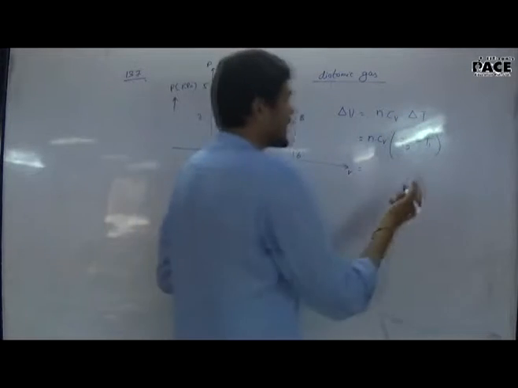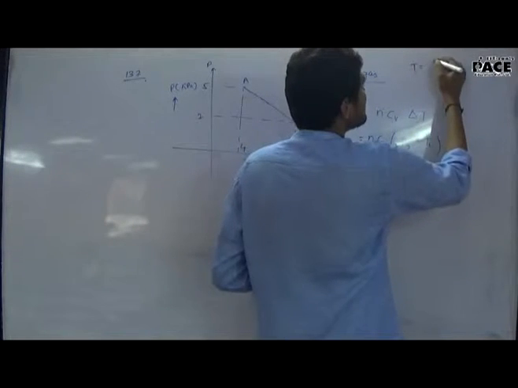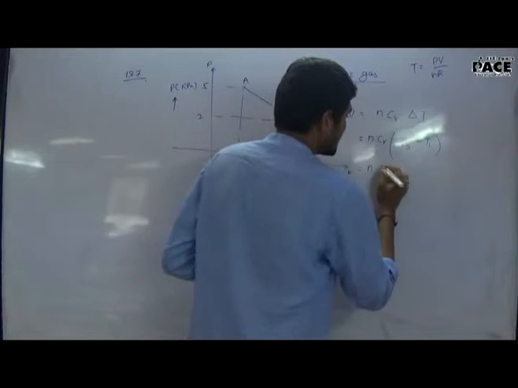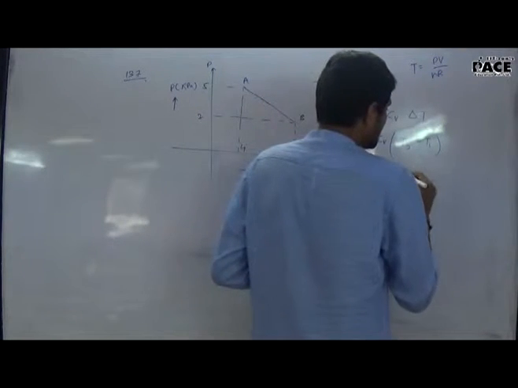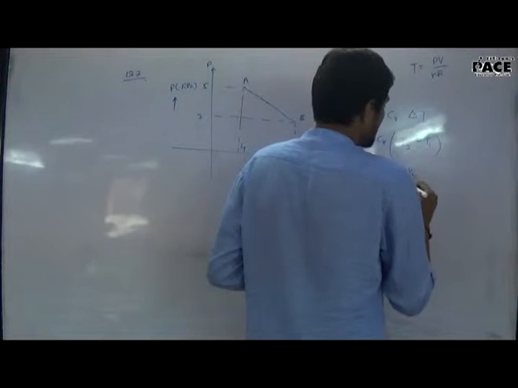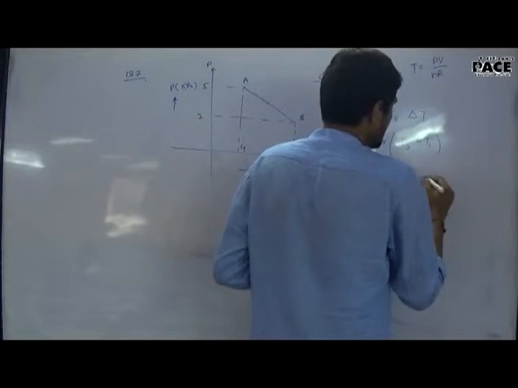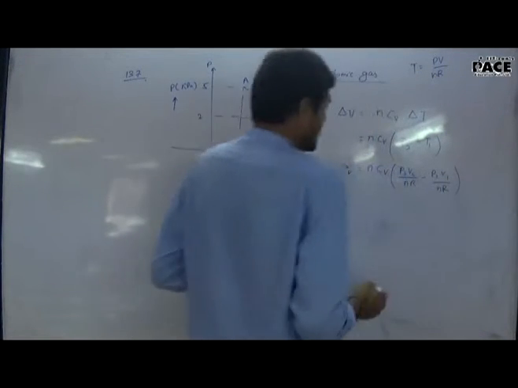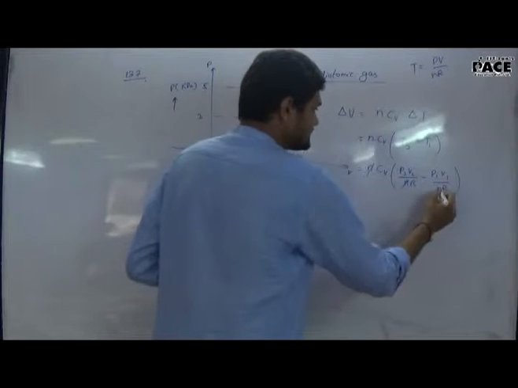From the ideal gas equation, we know T is nothing but PV upon nR. Just put these values: nCv into T2 minus T1, where T2 we can write as P2V2 upon nR minus P1V1 upon nR. Now n gets cancelled.